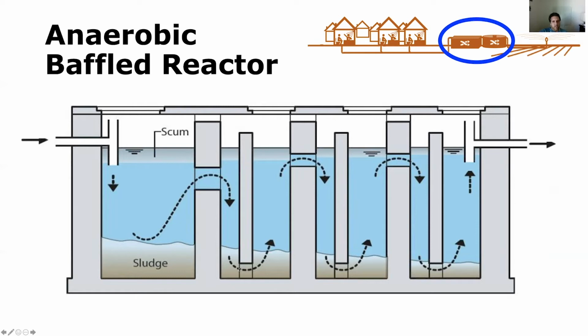The baffled reactor utilizes a series of baffles to continuously bring that wastewater into contact with settled sludge, where you have large communities of microorganisms in a kind of sludge blanket. So that allows more efficient contact of the microorganisms with the wastewater, and you get higher efficiency of treatment in an anaerobic baffled reactor compared to, let's say, a septic tank.